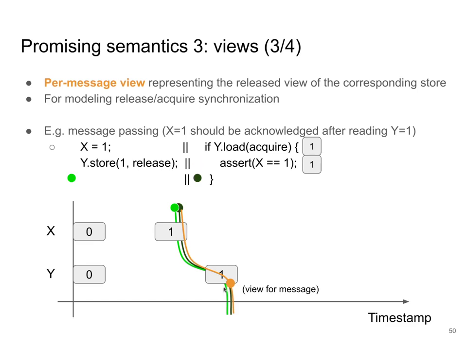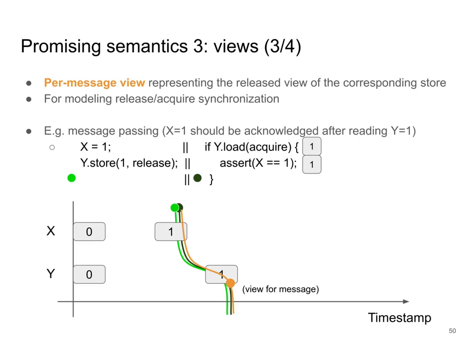So as a result, this assertion should succeed because the view is here, and this old message cannot be read by the thread. So the moral of the story is that we want to transfer the per thread view of the left thread to the right thread. So as a messenger, we are going to annotate the message with the per message view, and we are going to annotate the per thread view of the left thread to the message, and this view is incorporated into the right thread.